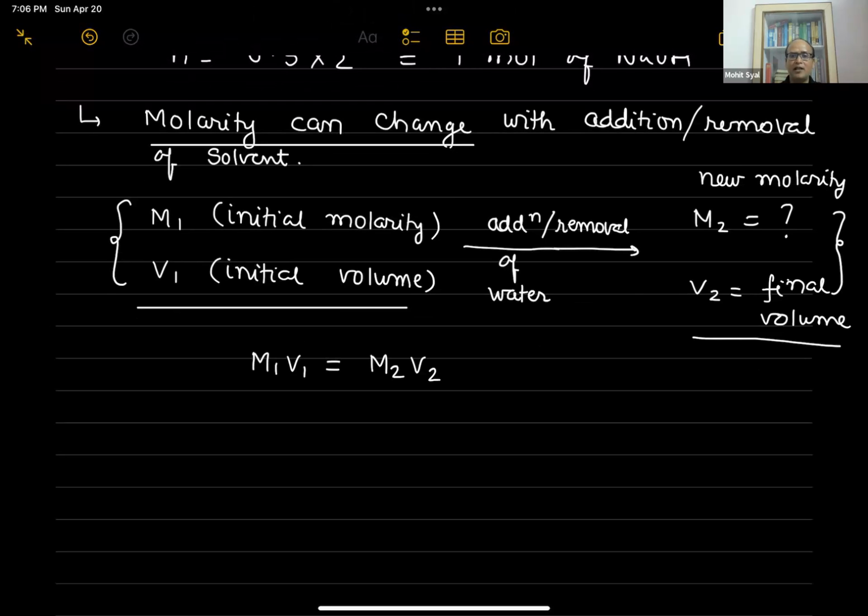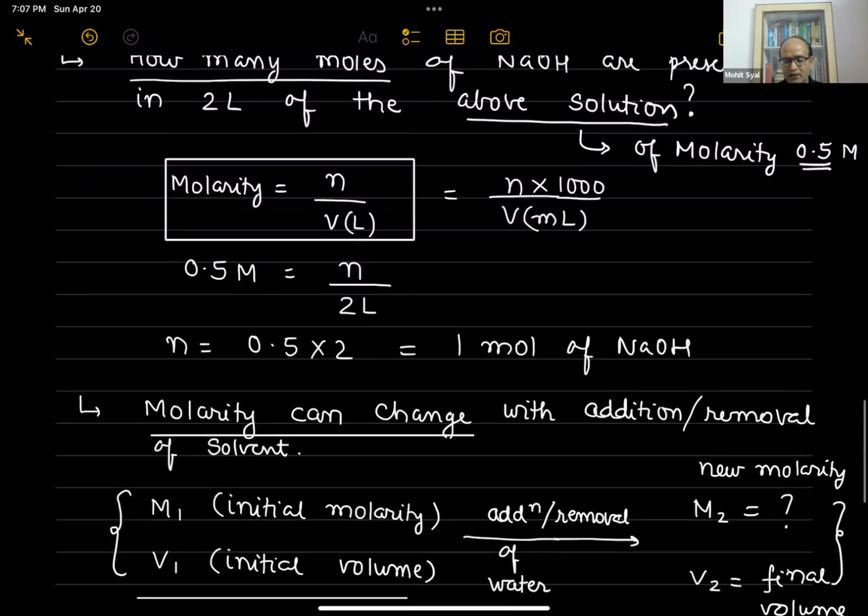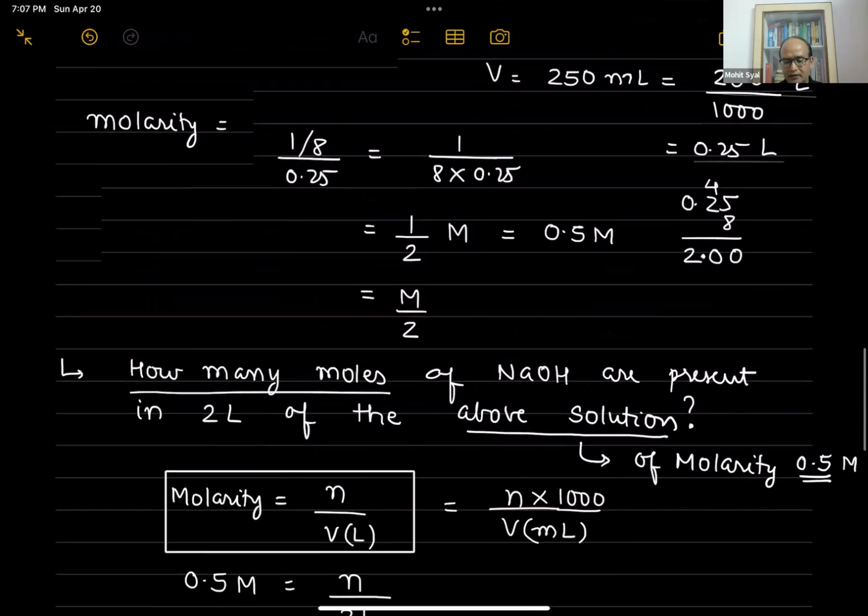What are this M1V1 and M2V2? Suppose we have initial molarity, right, Aisha? M1, and initial volume is given, Marwa, V1 in liters, right? So if we multiply that, we can get the moles. The moles of the solute has remained constant, that we have already seen here.